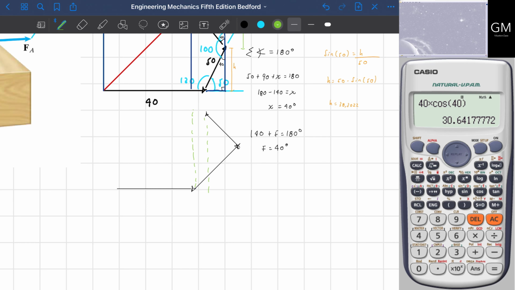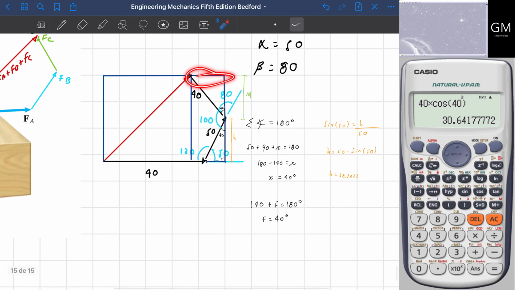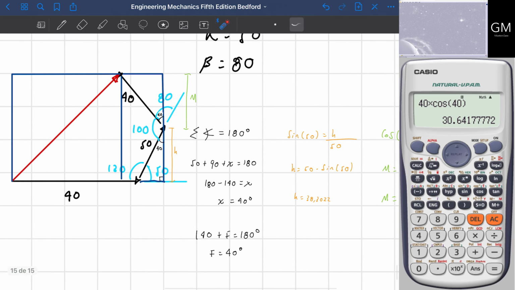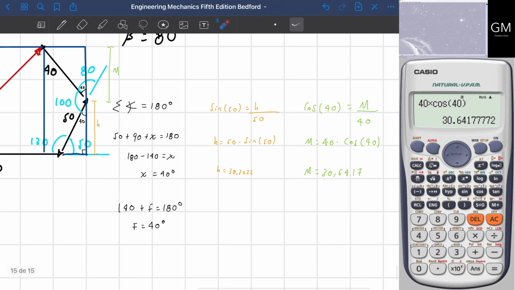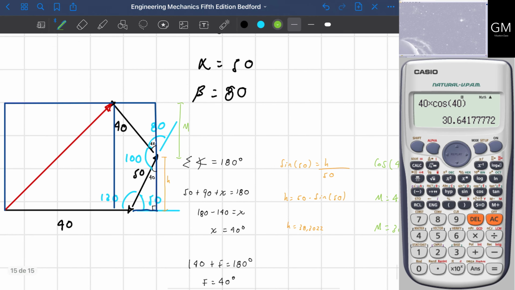Okay, so I have to have this measure, and this measure. Okay, so I'm still using this notation right here.